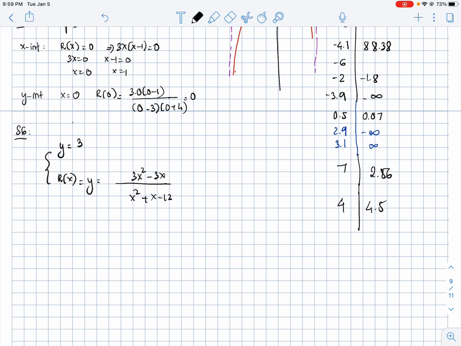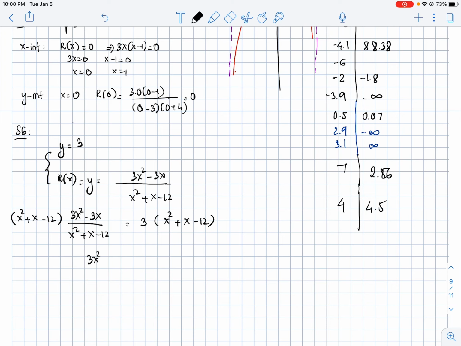So 3x squared minus 3x divided by x squared plus x minus 12 equals 3. We will multiply both sides by the denominator x squared plus x minus 12, and we can do that because we already found the domain and already excluded the two numbers before.